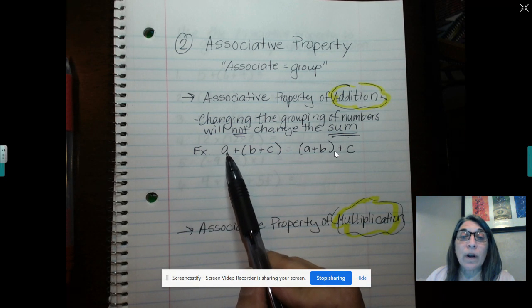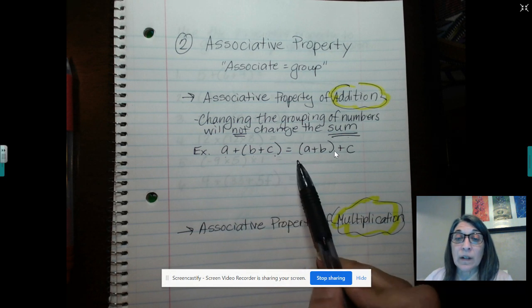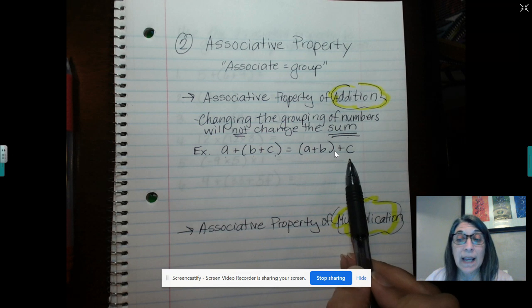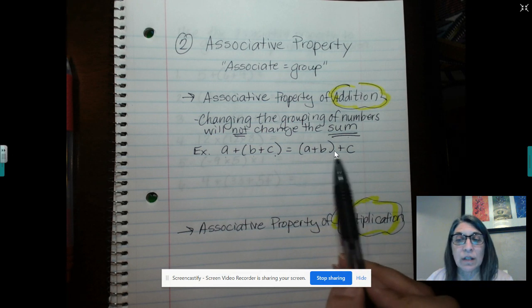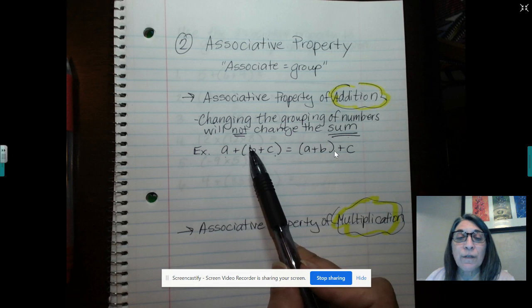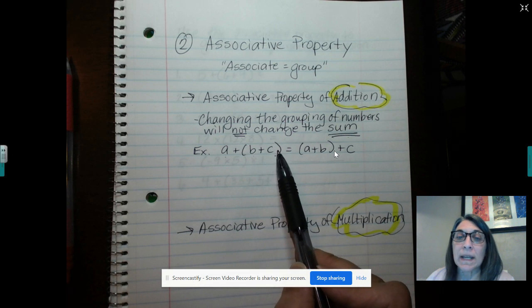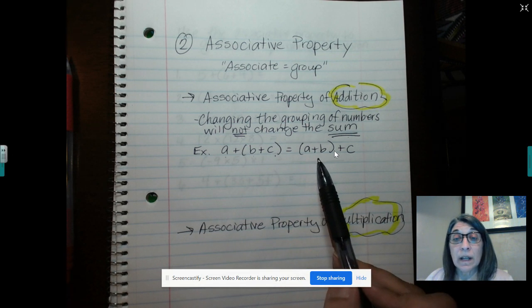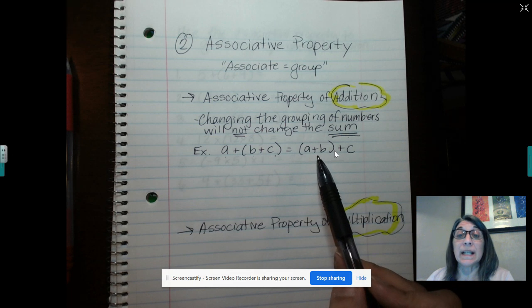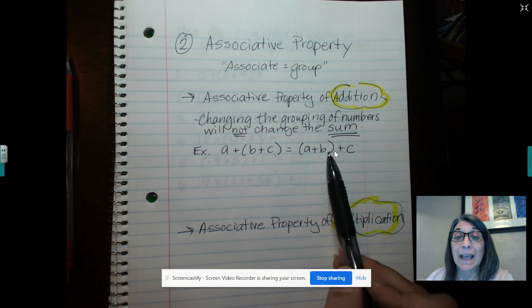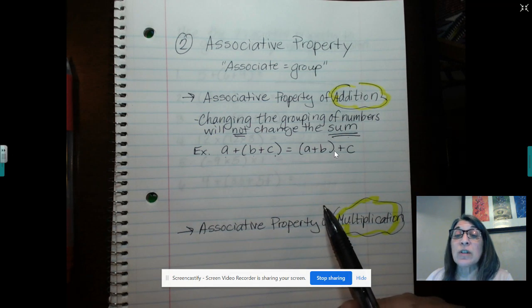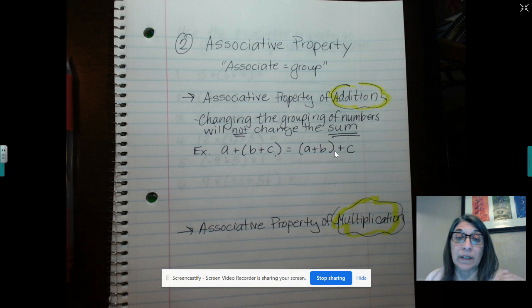Right now they're in order A, B, C. Are they still in order A, B, C? Yes, I did not do anything to change their location. However, in this first one, my grouping symbol was grouping B and C together. But in the equivalent expression, I am grouping A and B together. So I'm just grouping the numbers differently.